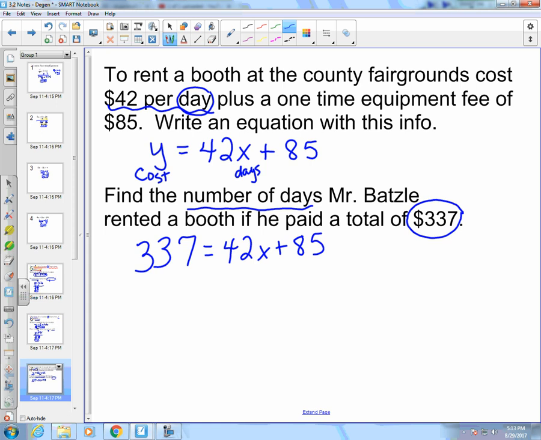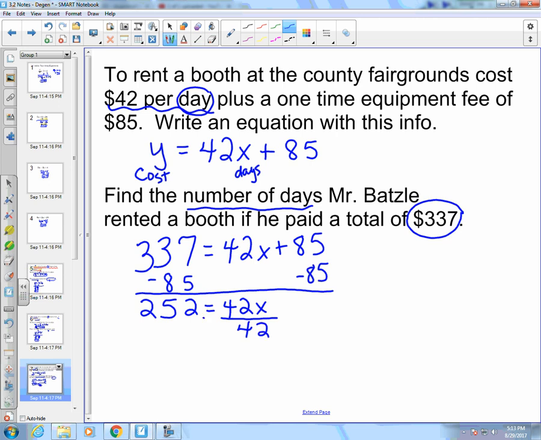We're going to subtract 85 on both sides of the equation. When we do that, 337 minus 85 gives us 252 equal to 42x. Now we're down to a one-step equation. We're going to divide by the 42 on both sides. And when we divide that by 42, that turns out to be 6 equal to x.